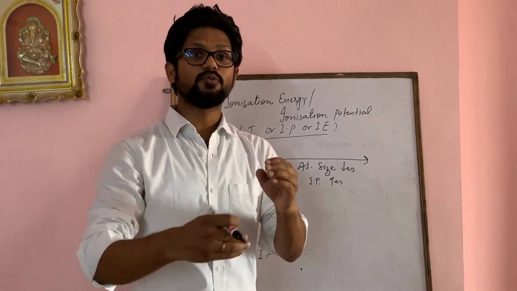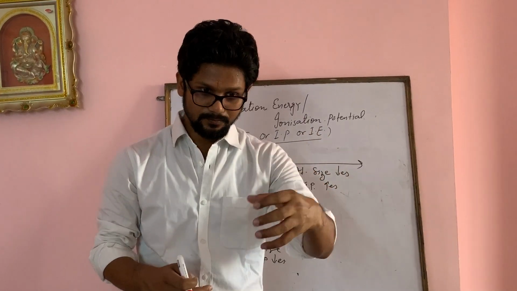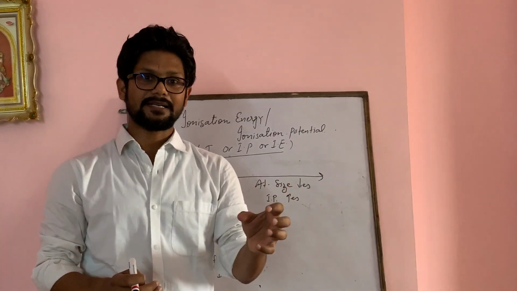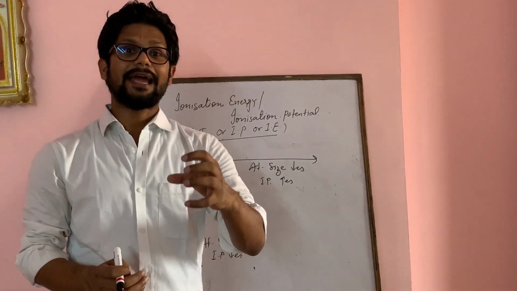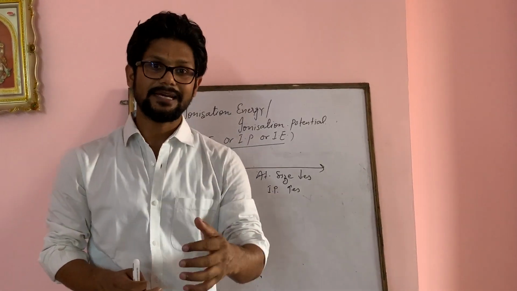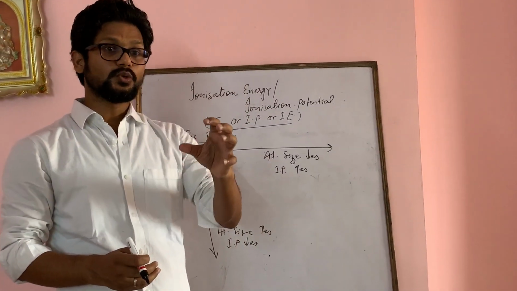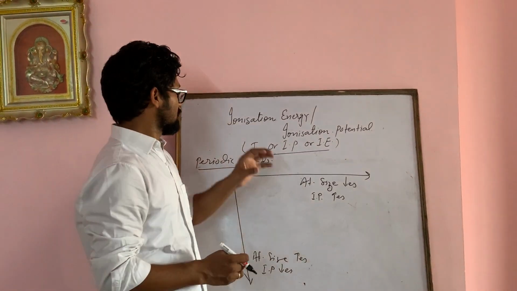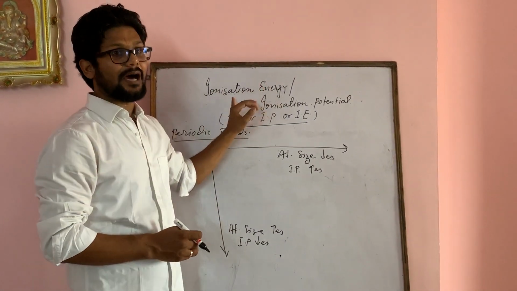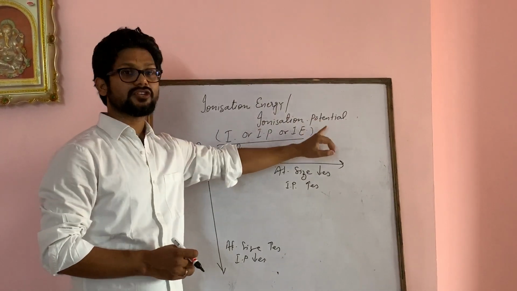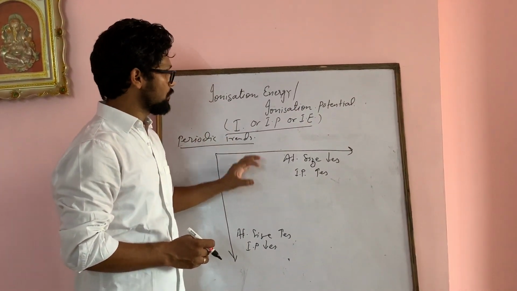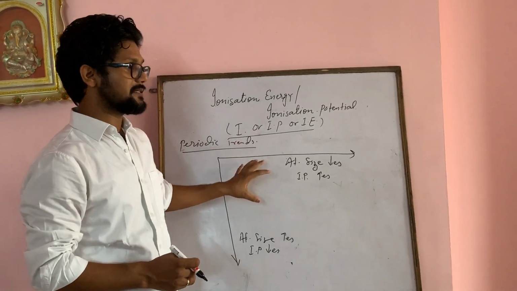And the element that possesses high IP will act as an oxidizing agent, and we know the uses of oxidizing and reducing agents. So these are the important points to know the importance of ionization energy or ionization potential. You must know this topic, and I hope you have understood what I have discussed here.